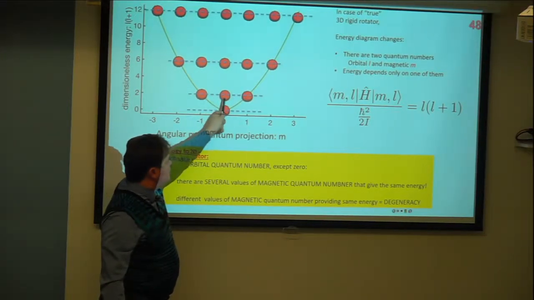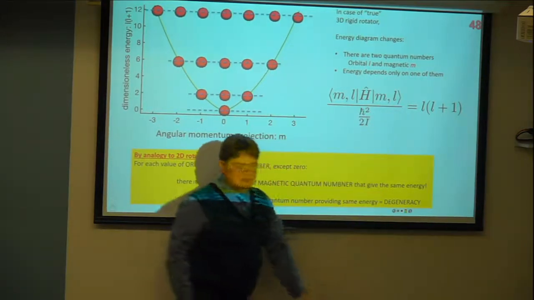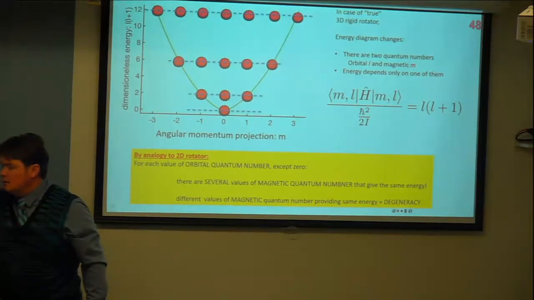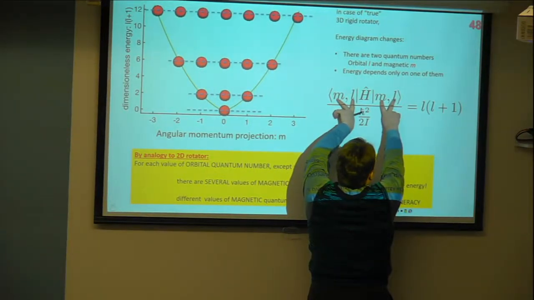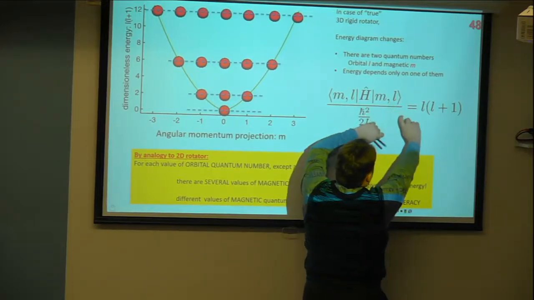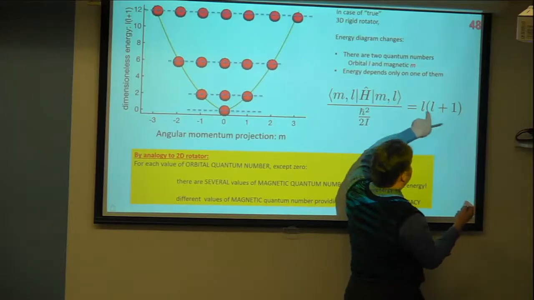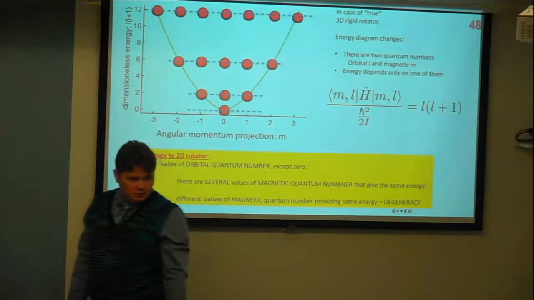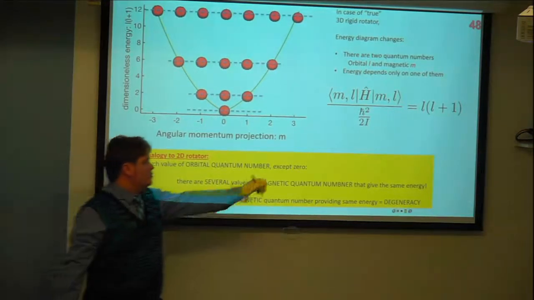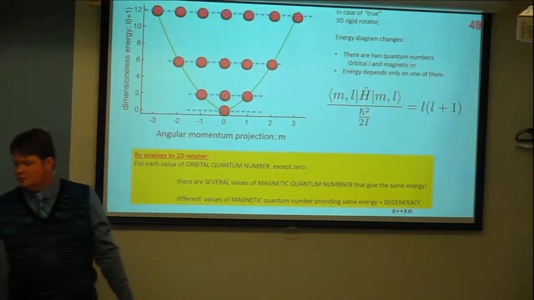For each energy, there is a degeneracy. The difference is that we index our states by 2 dimensionless numbers, and instead of m squared as we consider for 2-dimensional, it will be L times L plus 1, almost L squared. Okay? You see this equation again and again in different courses for vibrational spectroscopy.